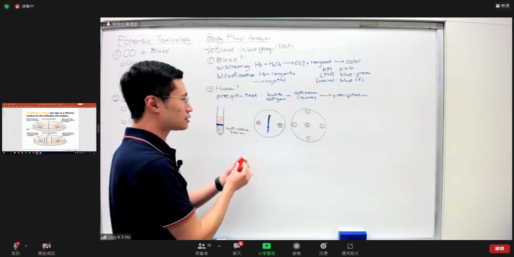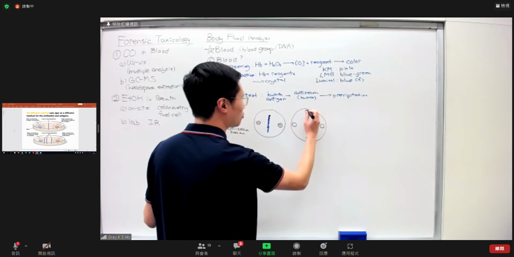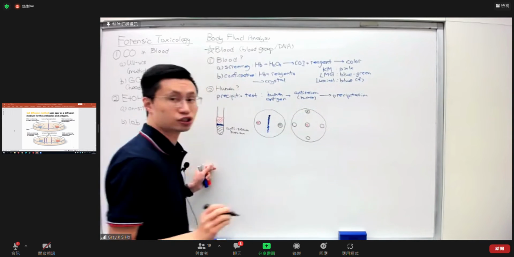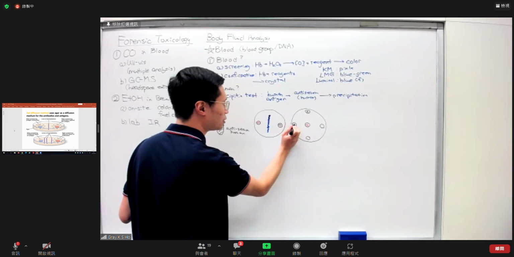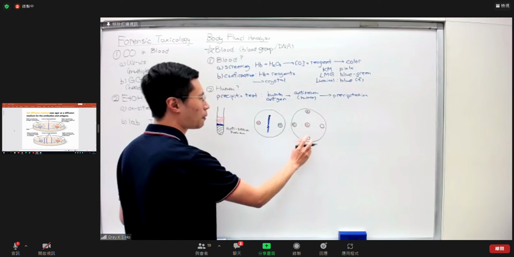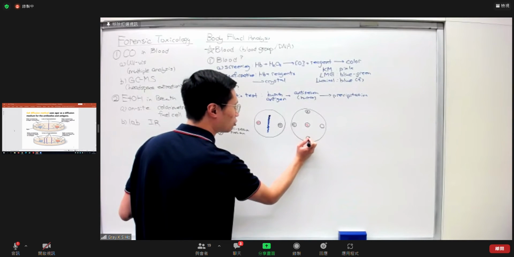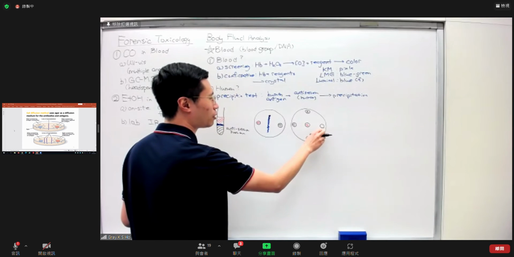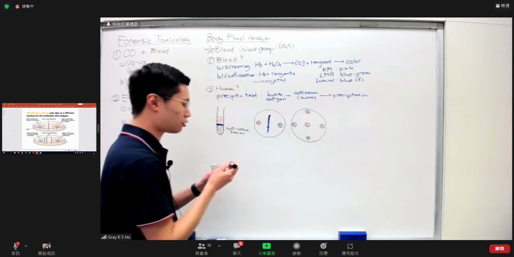For the sides, let's say on top you fill in the anti-serum of human origin. On the left-hand side, you fill up the anti-serum of cat origin. At the bottom, the anti-serum of dog origin. On the right-hand side, the anti-serum of rabbit origin.